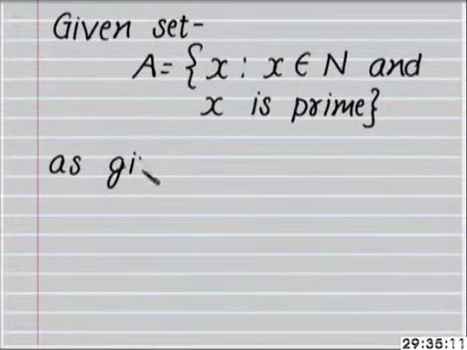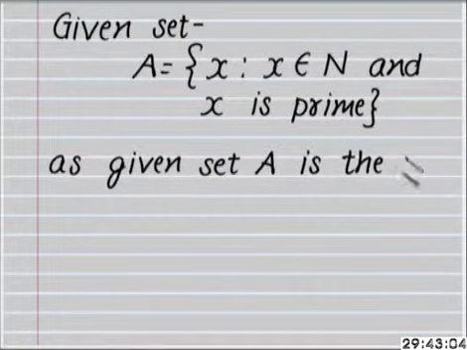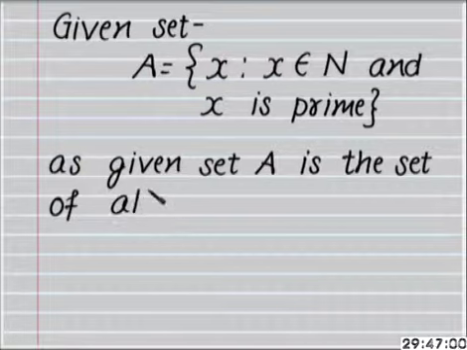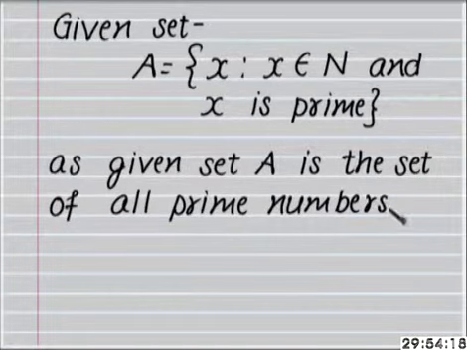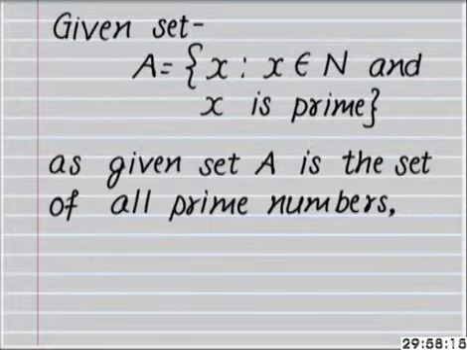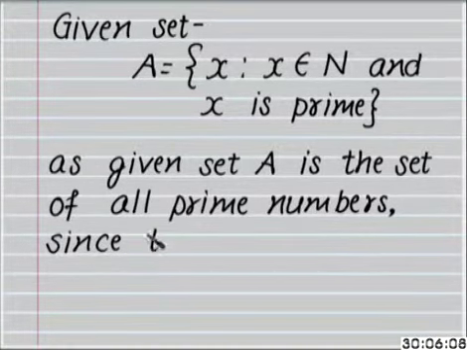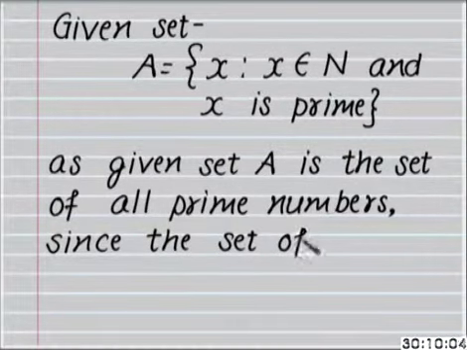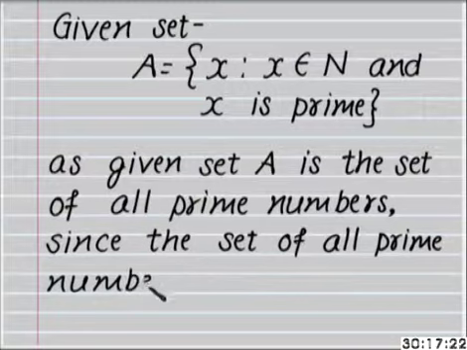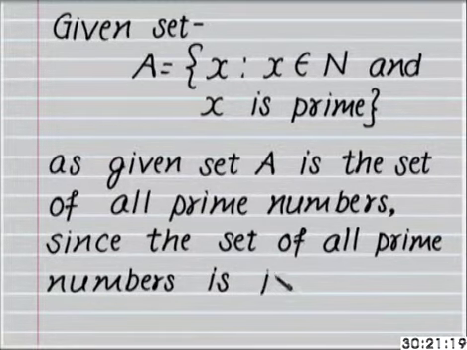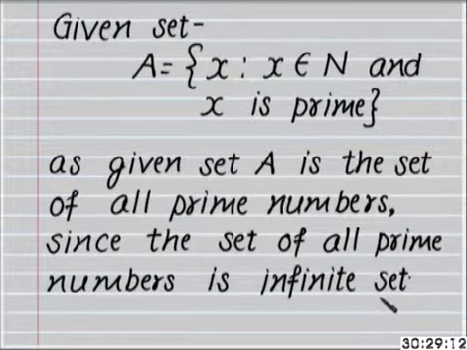As the given set A is the set of all prime numbers, and since the set of all prime numbers is infinite set, as it contains infinite number of prime numbers.